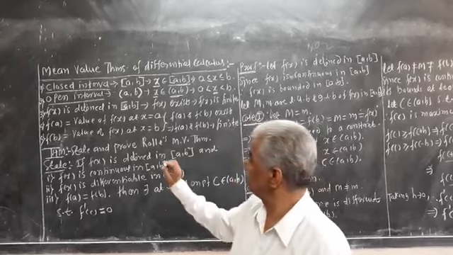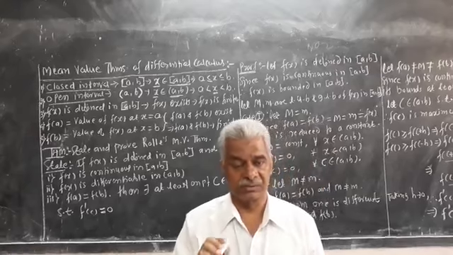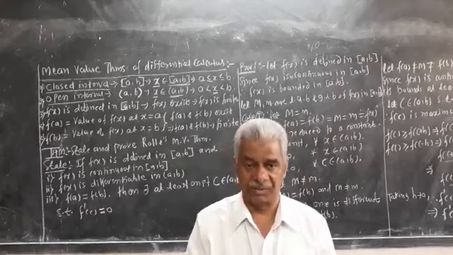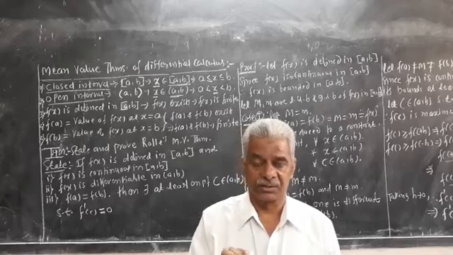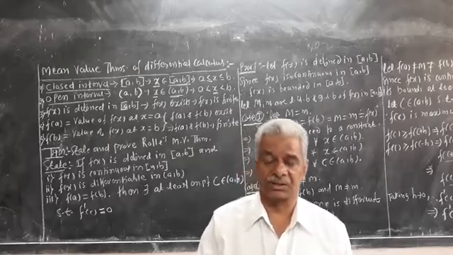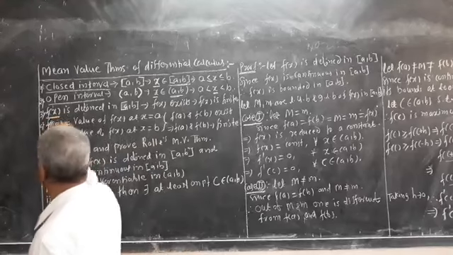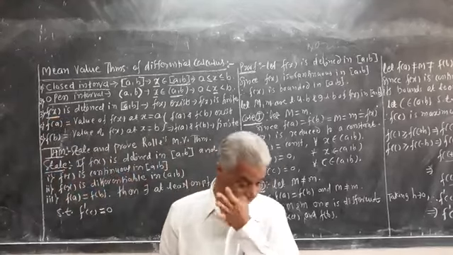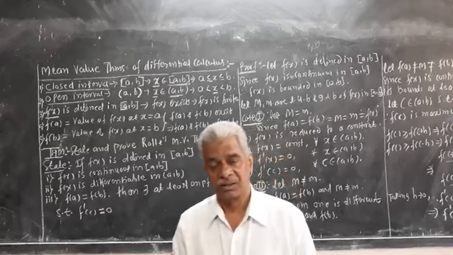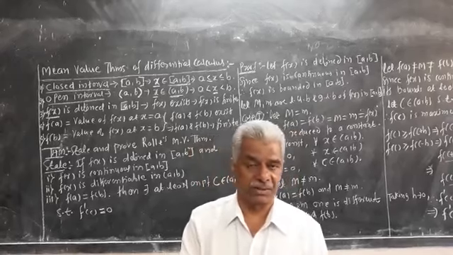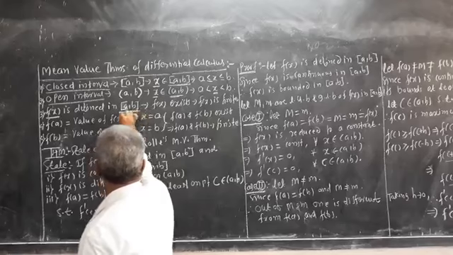Then, while studying the mean value theorems, always we have to consider one function, which is a function of one variable, and that function is always defined in an interval. Suppose that f of x is one function of one variable x, and it is defined in the interval AB.